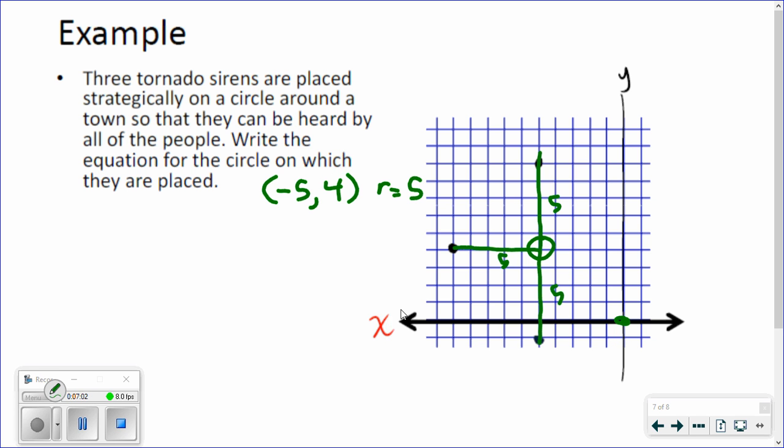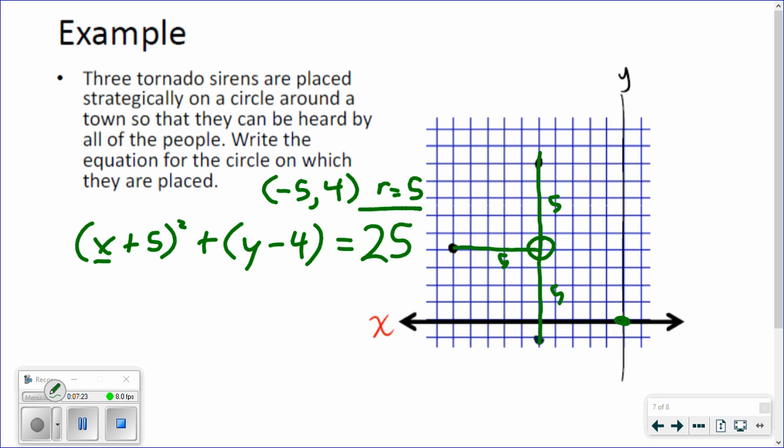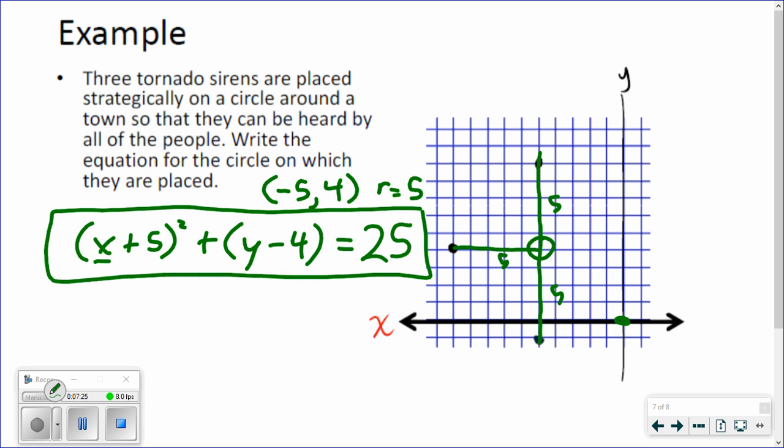So the equation is x plus 5 squared plus y minus 4. Remember, it's what would make it 0. As I put the negative 5 in for x, we would get 0, so that reminds me to make sure that's a plus sign in there. And then radius squared, which would be 25. So there is our answer, except I forgot to square that. And there we go. Thank you.